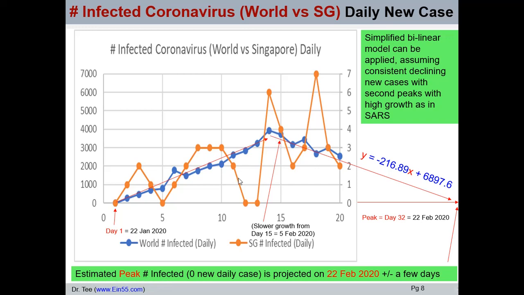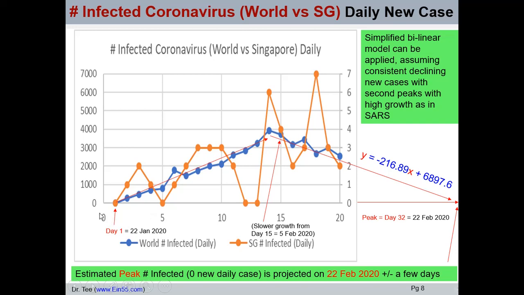On day 15, which is the 5th of November, we see the first point coming down. At the same time, we can take note that this downtrend is only consistent if there are more points. So now we monitor, in the last 1 week, these 7 days are coming down. In fact, we can build a simplified model. We call it a bilinear model.